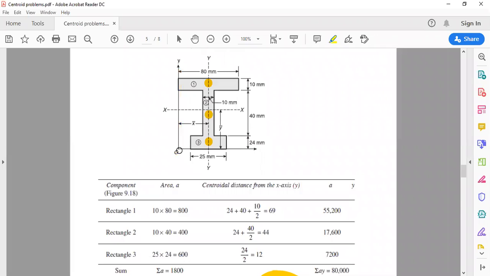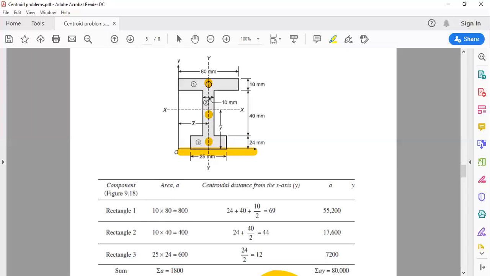Since we have divided the given section into three geometrical figures, let us write the area of all the three rectangles. So this is the first rectangle. It is 80 into 10, which is 800. Next, I want y bar for this. What is the y bar distance?